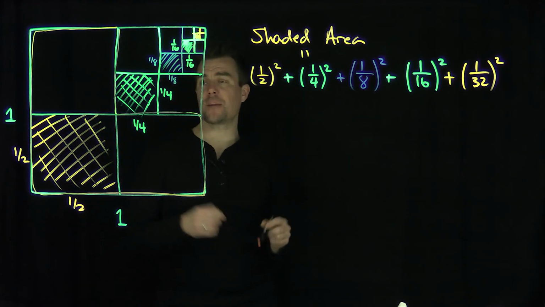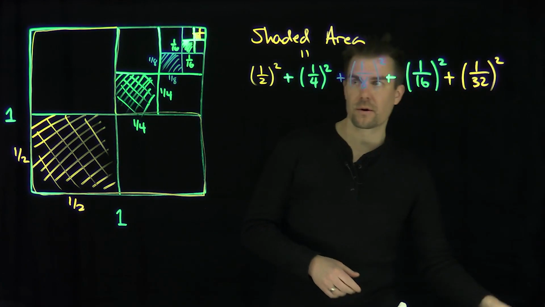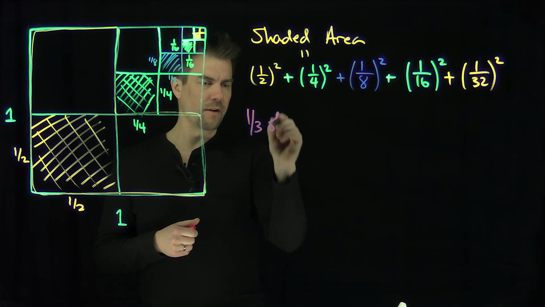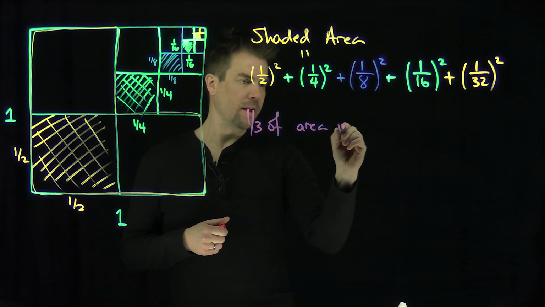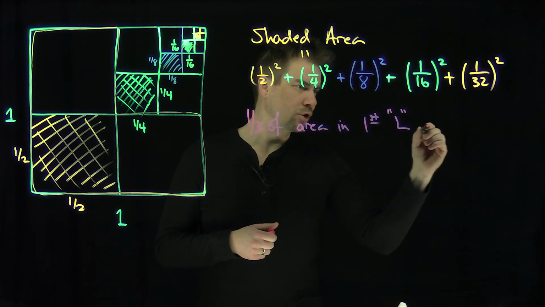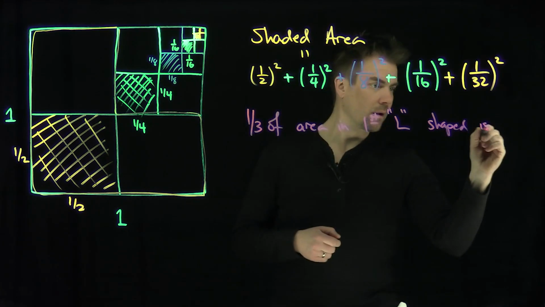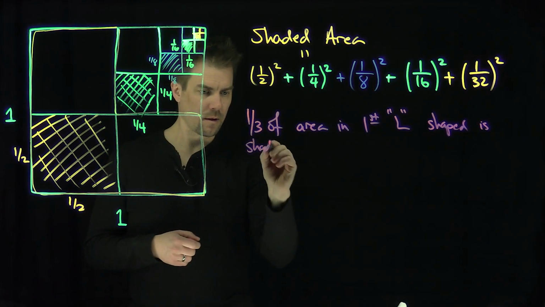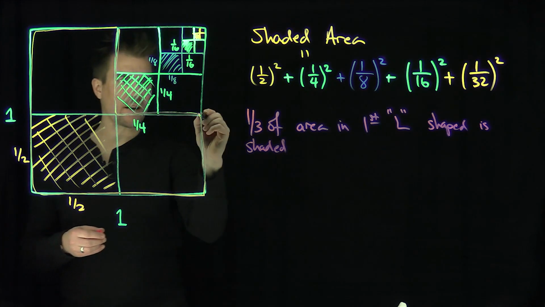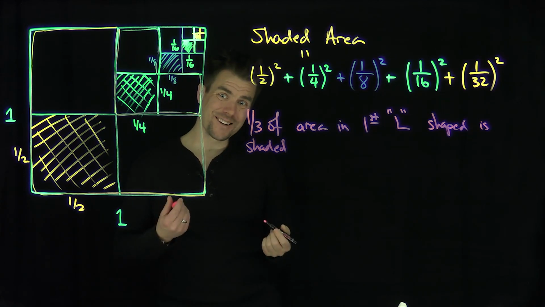In that first L shape, only 1/3 of the area is shaded. If I look in the second L shape over here, again, 1/3 of the area is shaded.